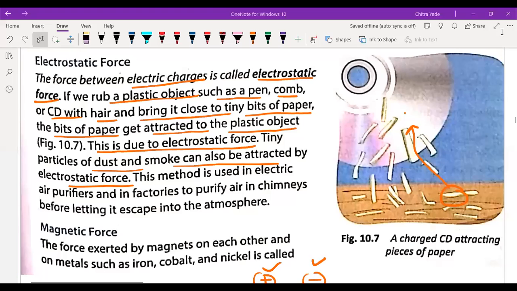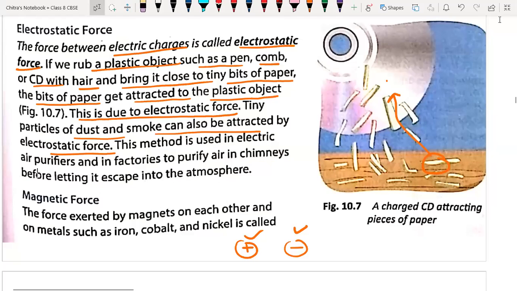Generally, electrostatic force is also used in chimneys. This method is used in electric purifiers and factories to purify the air going out from the chimneys.